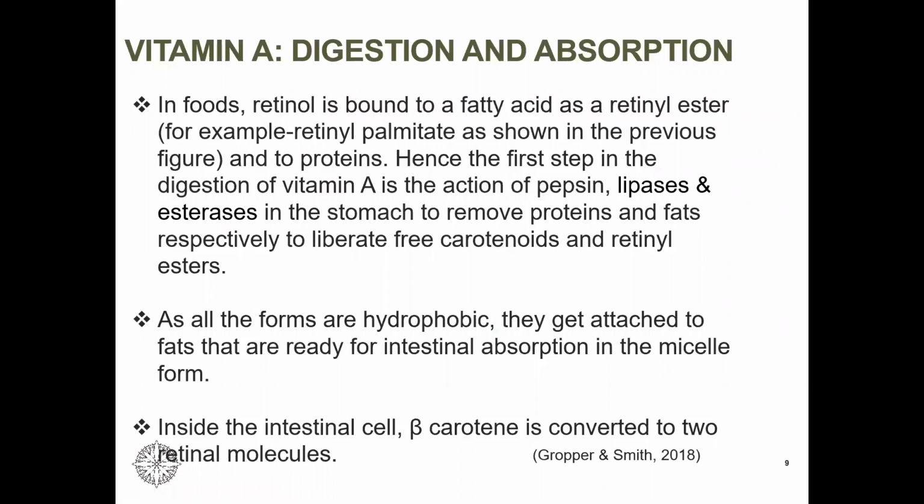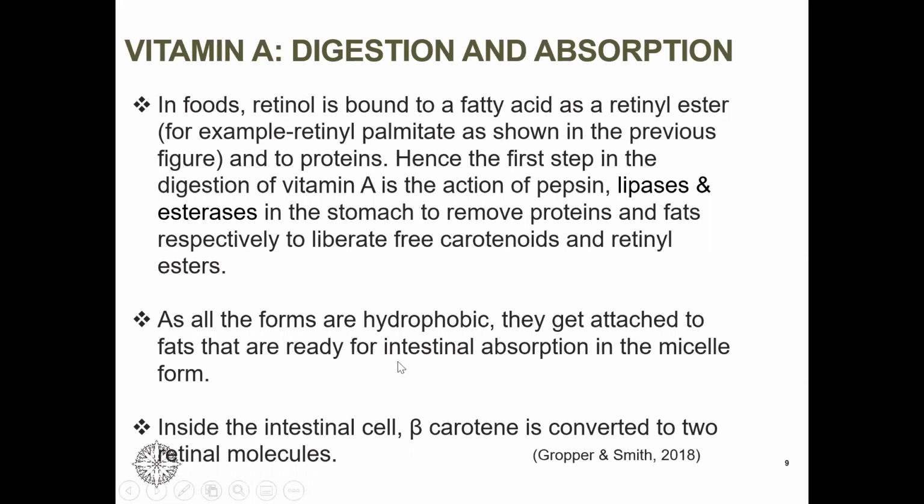So now the same steps have been written in this slide. First we have to break away the fat and the protein from whichever vitamin A source we are consuming. After that, everything gets attached to a micelle and simply diffuses at the brush border.